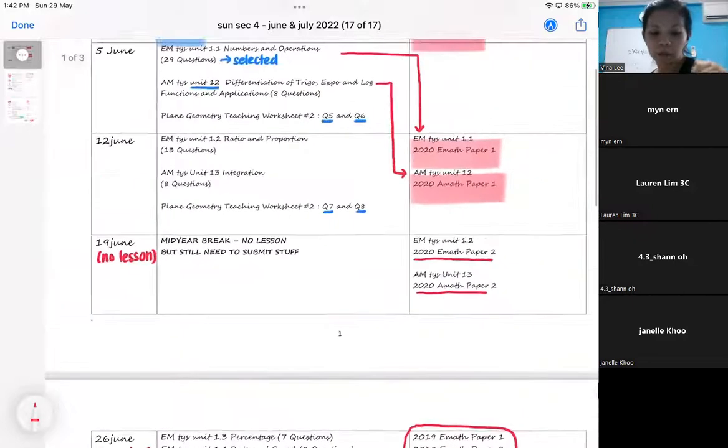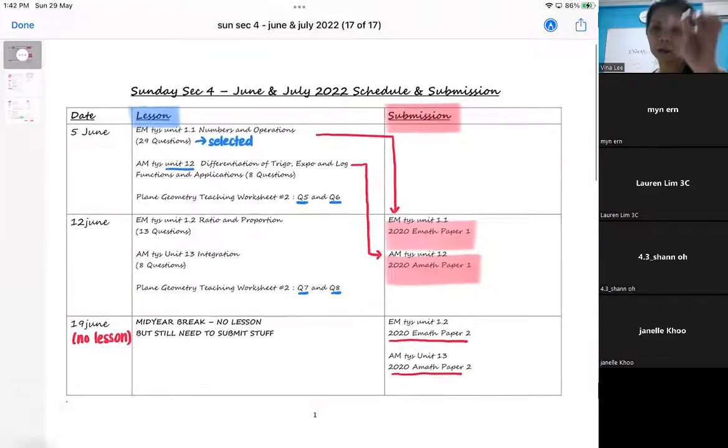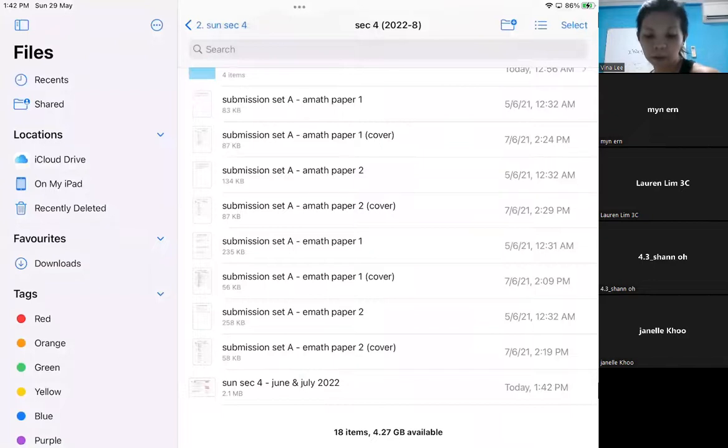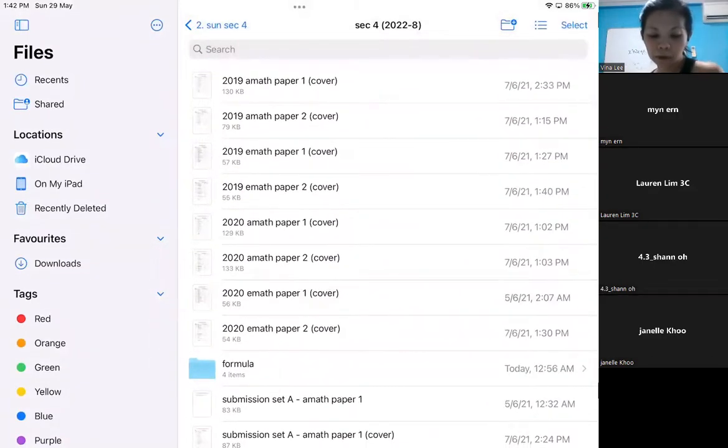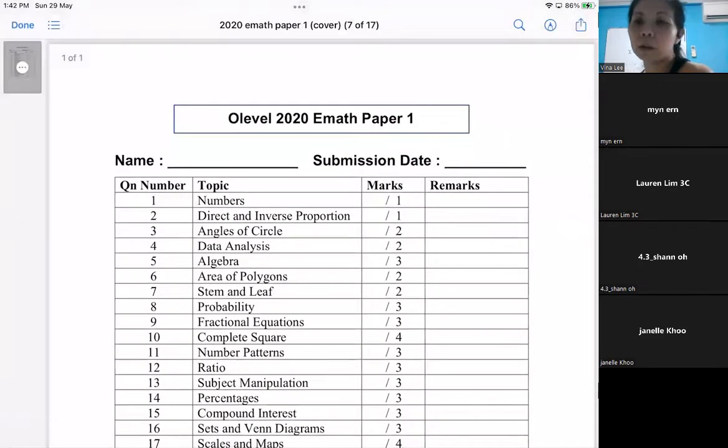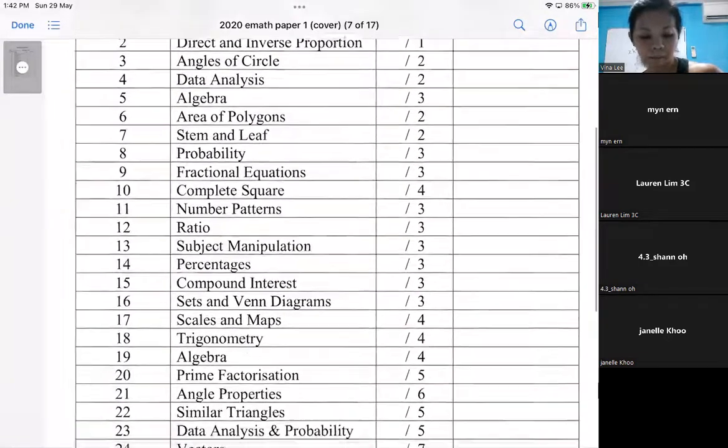One more thing in the envelope that all of you will be receiving is your cover page. For example, you are supposed to submit the 2020 E-Math paper 1. When you scan, you've got to scan with the cover page. The cover page will show you the breakdown of your marks.